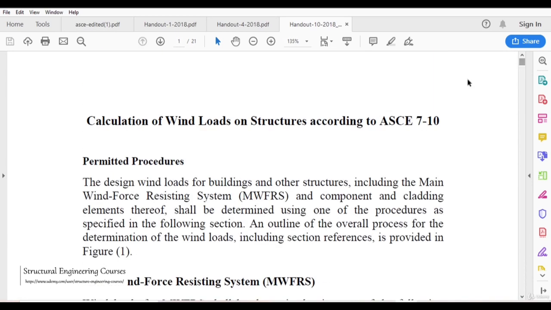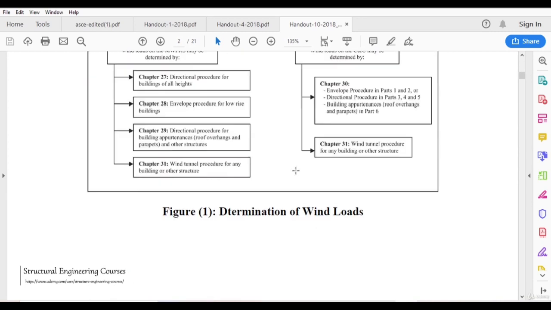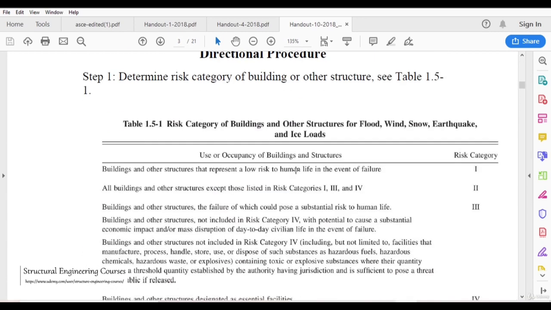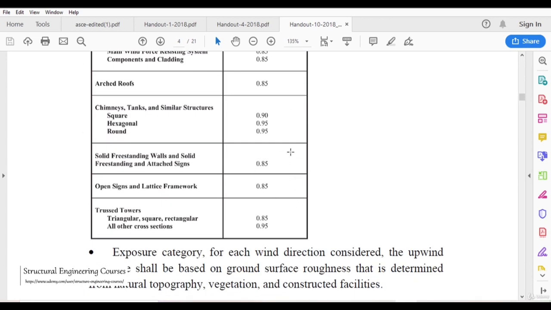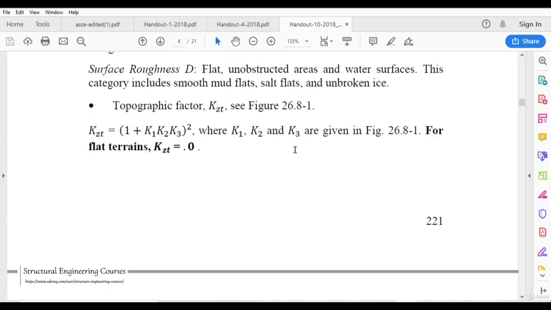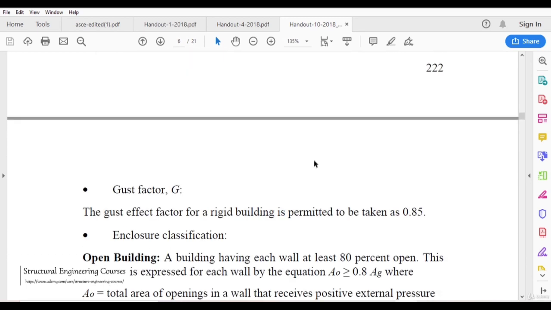So I hope now you are comfortable with the wind loading design standards, and I shall request you to write all these values here, write all the formulas and try to remember them, so that you may understand these concepts easily.